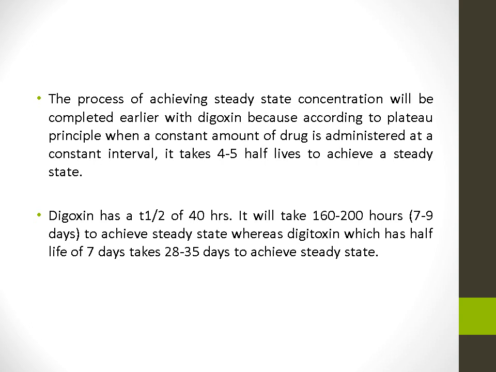That means it will take approximately 4 to 5 times, which is 160 to 200 hours, that is 7 to 9 days to achieve steady state. Whereas digitoxin, which has a half-life of 7 days, takes 28 to 35 days to achieve steady state, which is 4 to 5 times of that. Am I clear? Okay. Our next problem.